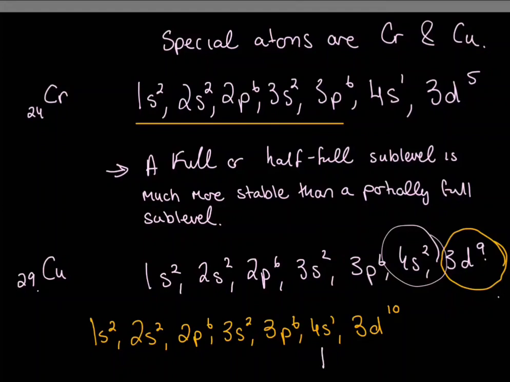So half filled here in the 4s1 and fully filled here in the 3d10. So an increase in stability. Now that might be hard to remember, but if you just remember chromium and copper, and that there's never a 3d4 and there's never a 3d9.